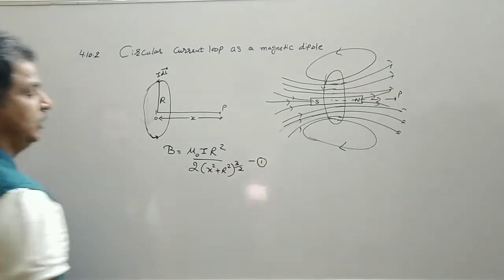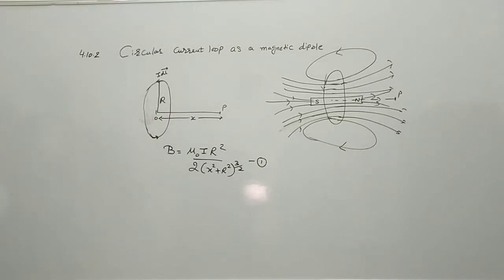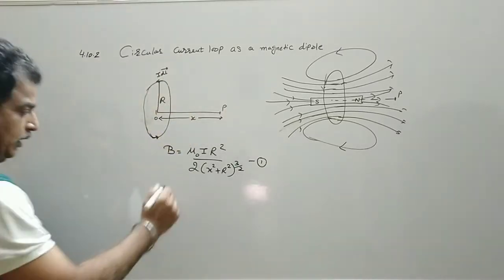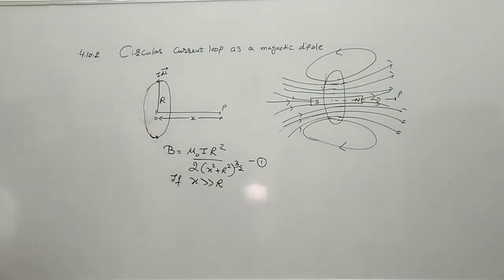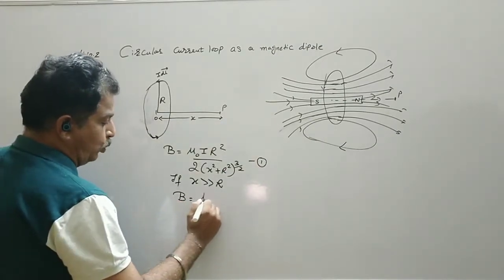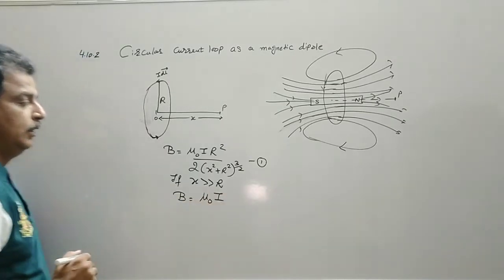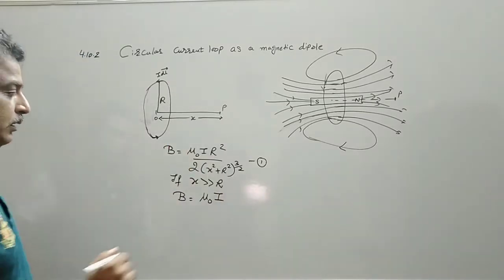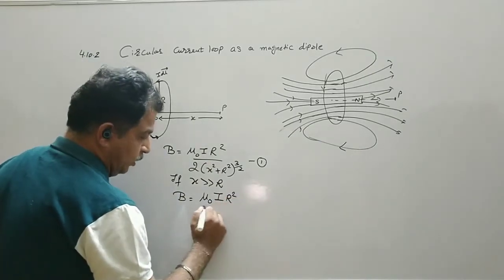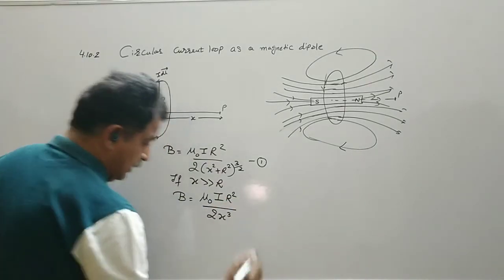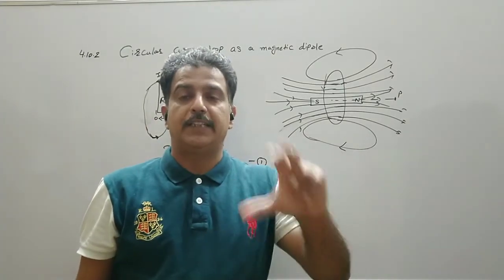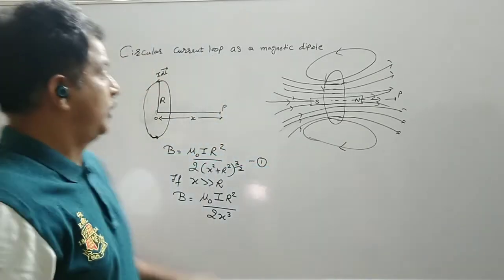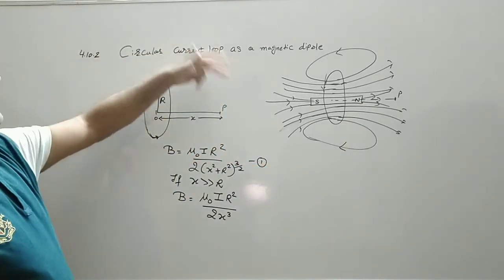This is the derivation, the general formula of the magnetic field intensity at point P. If we assume x is greater than the radius, that is, the point P is far away, then B is equal to mu naught I R square upon 2 x cube, since we can neglect R in the denominator. We are trying to relate this circular loop with the dipole. We will see that this circular loop behaves like a magnetic dipole.